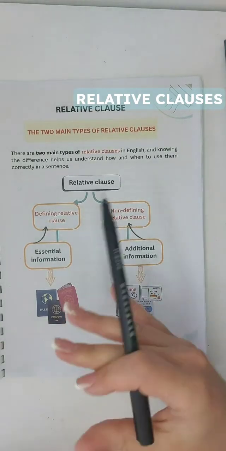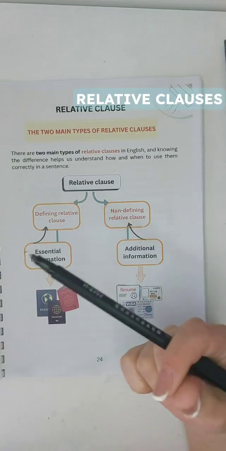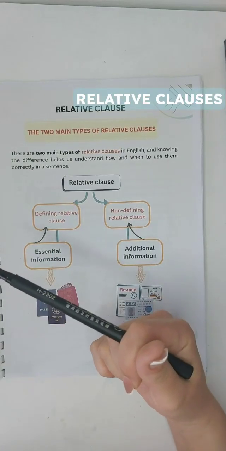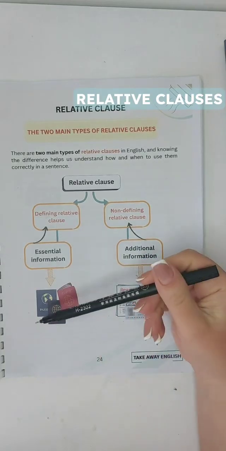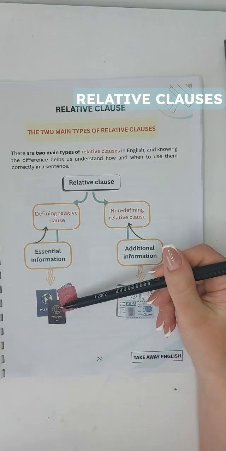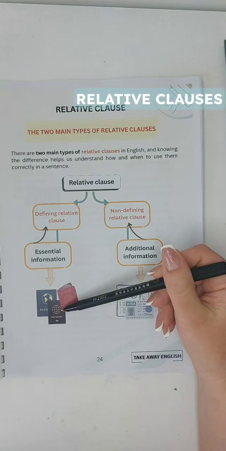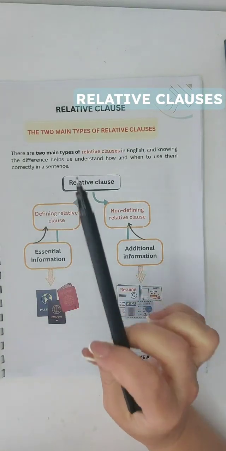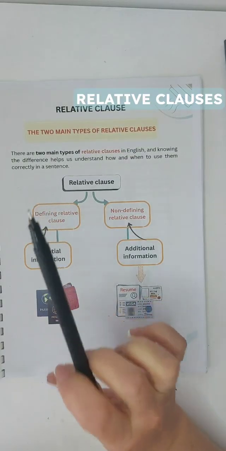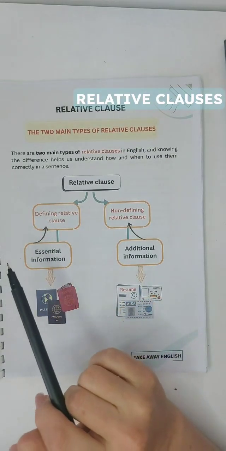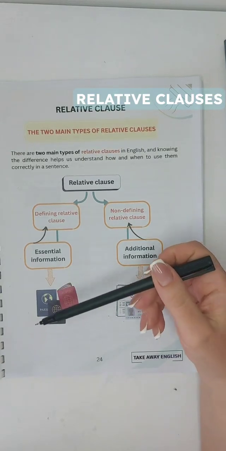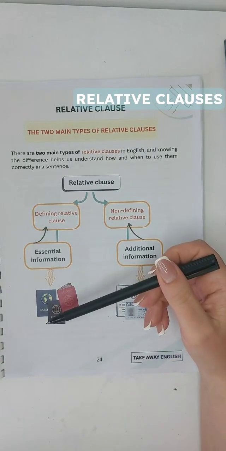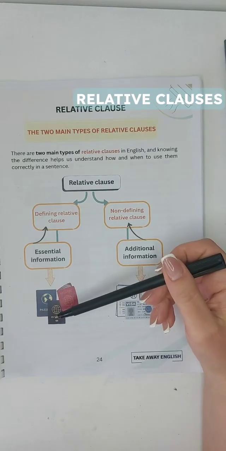Okay, so without a passport, we cannot be identified. So it's like a defining relative clause. It identifies the person. That's exactly what a defining relative clause does. So the type of relative clause that works like a passport is a defining relative clause.